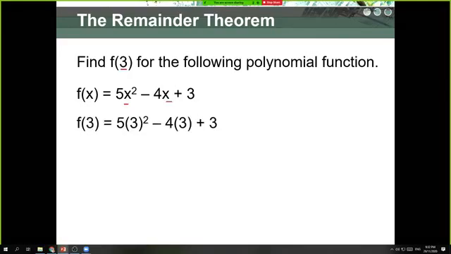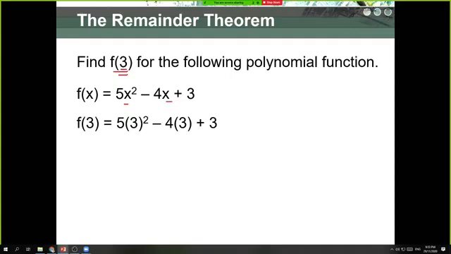So this now becomes 5 times 3 squared minus 4 times 3 plus 3. Okay? Whatever is the value of your x there, you will substitute that over the variable.